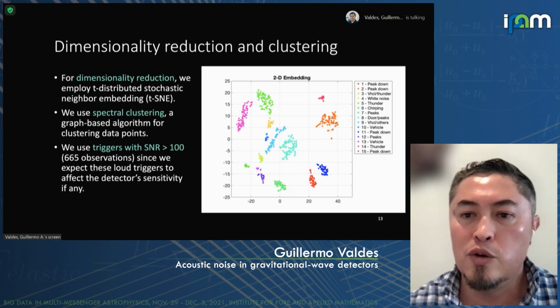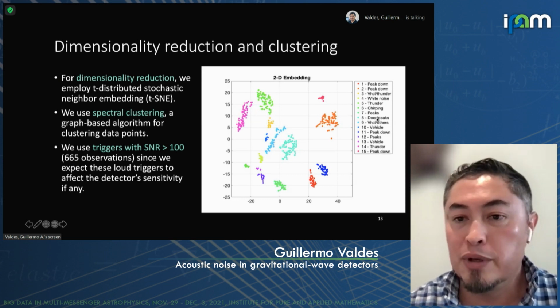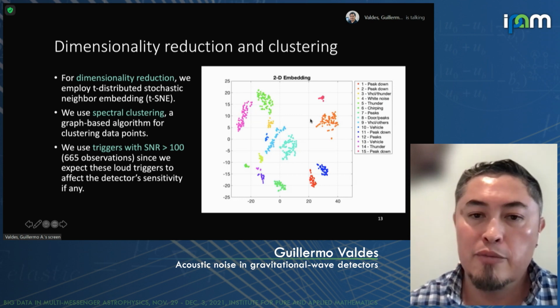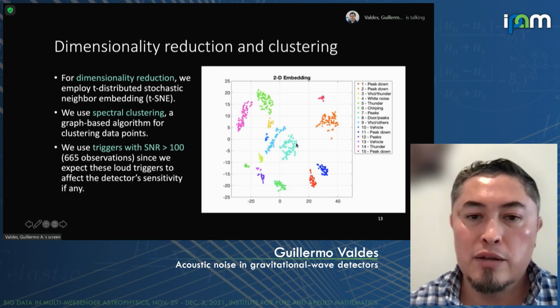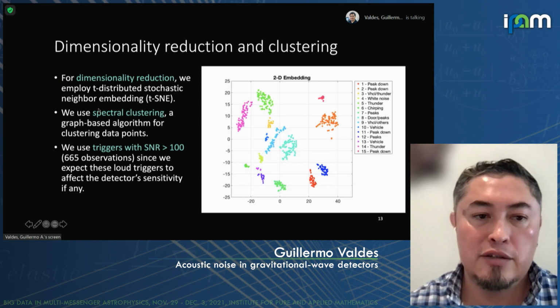But we have also white noise, thunder, some kind of chirping, doors opening or actually closing really hard, vehicles passing by. What is nice about this plot is that you can see the groups. Now that you can see them, you want to do some automated version of this grouping. That's when we apply the spectral clustering.